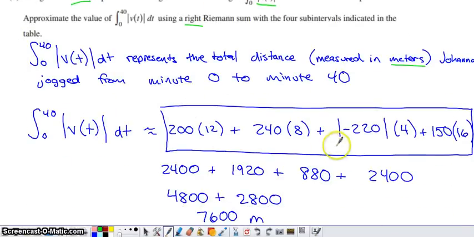So when you use those widths that we rattled off a couple minutes ago and the heights that we were just talking about, and make sure that you change the sign of that one value that was negative so that you continue to accumulate distance rather than subtracting off distance that was traveled in the negative direction, you're going to end up needing to evaluate this. You don't have to do this on the AP exam, but if you wanted to carry out the arithmetic to figure out what the number of meters traveled actually was, you end up with 7,600.